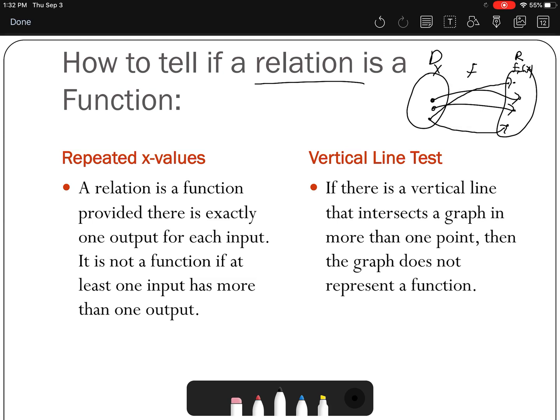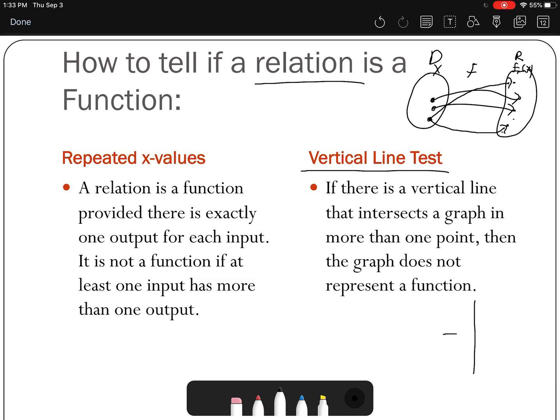Yes, it is. But the minute we get an x that maps to two f of x's or two y's, we don't have a function anymore. Then it's just simply a relation. So one input can only have one output to be a function. But like in this example, this picture, this input has two outputs. So that makes it not a function.